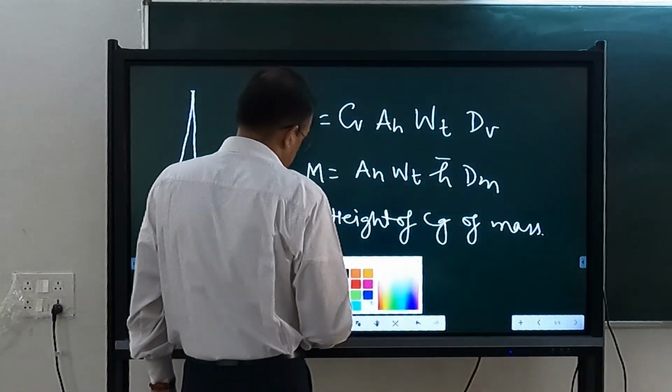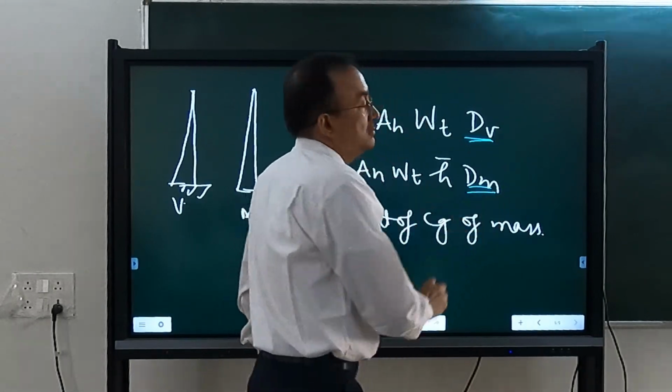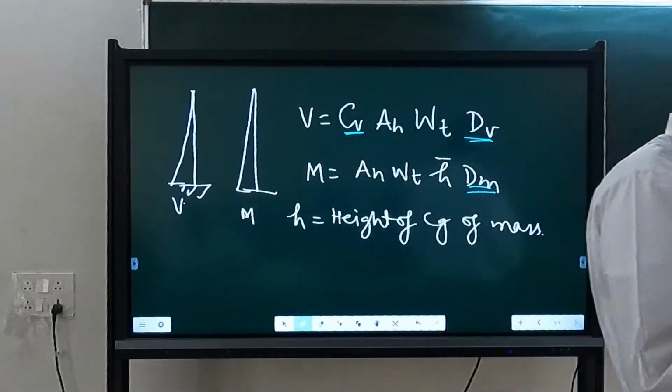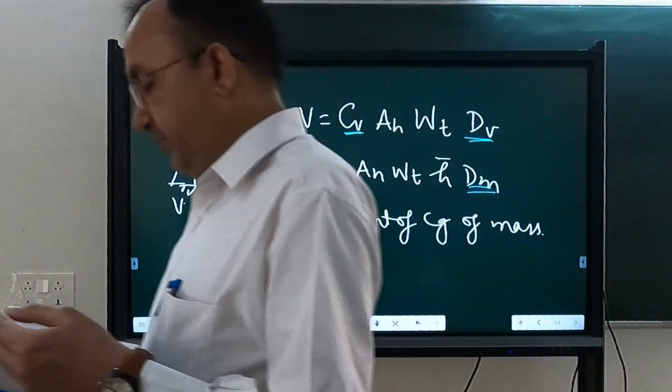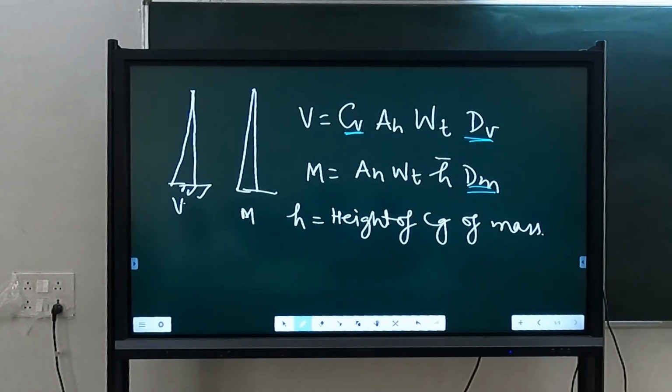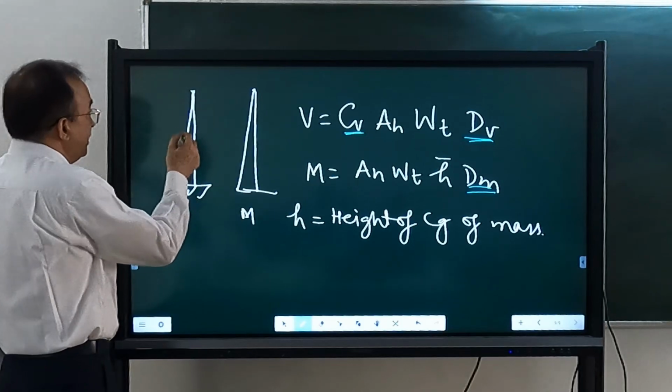This CV, dV and dm are given in the code tables. CV is given in the same table where we have seen CT. The same table gives you coefficient CV, and dV and dm are given in table 11. You can see the value of this CV is increasing.